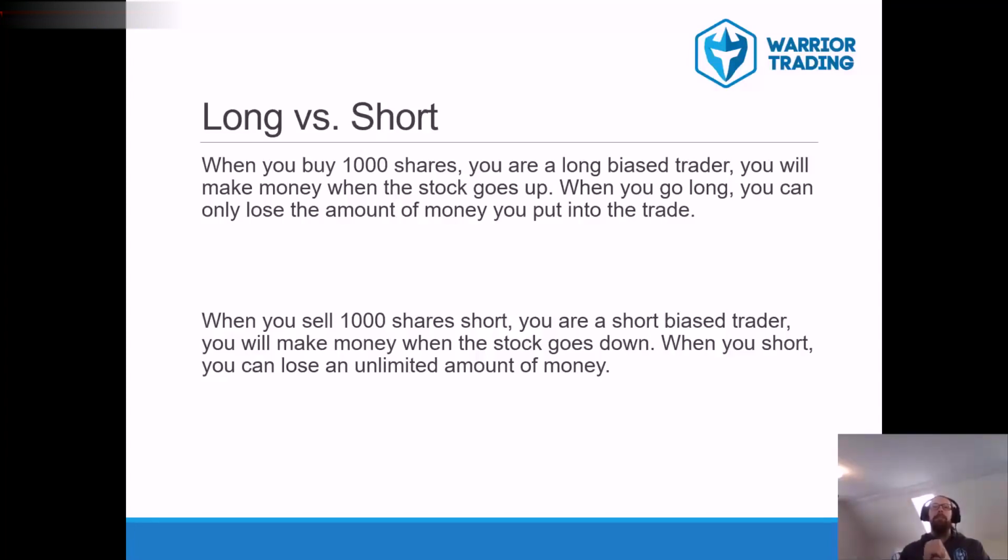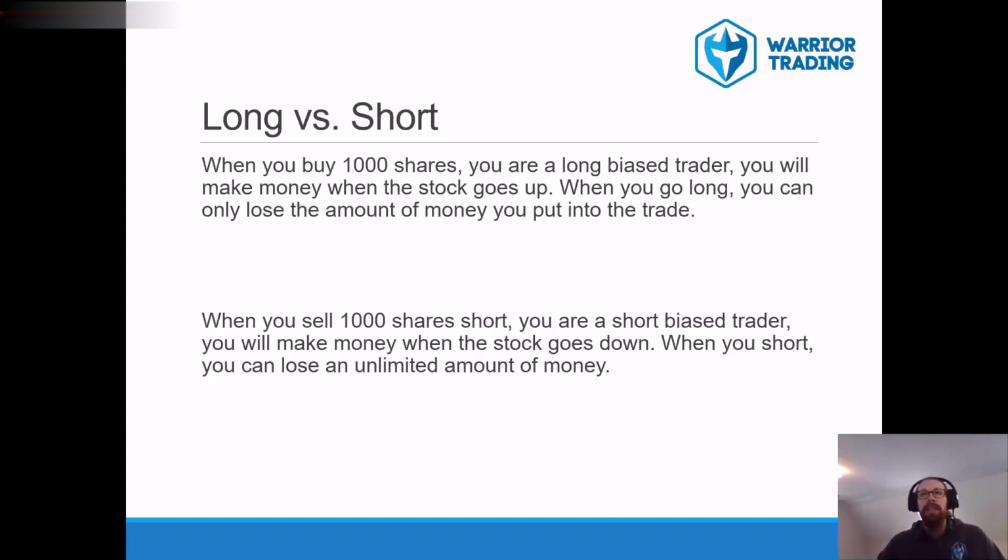But what happens if the stock goes up to $20? Well, you're down $10,000. What happens if it goes to $30? You're down $20,000. What happens if it goes to 40, to 50, to 60, to 70, to 80, to 90, to $100 a share? You're down $90,000.